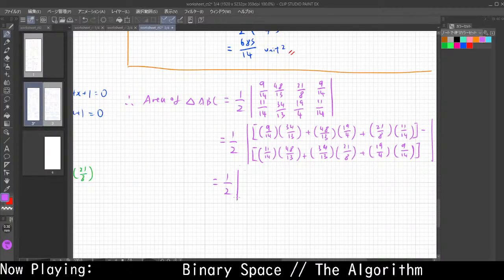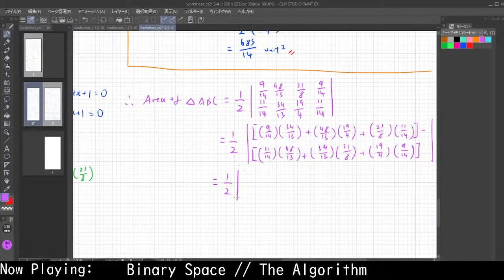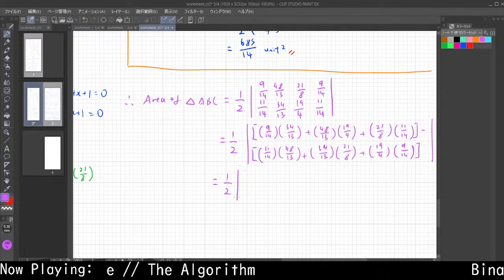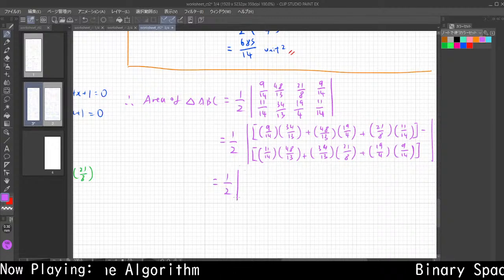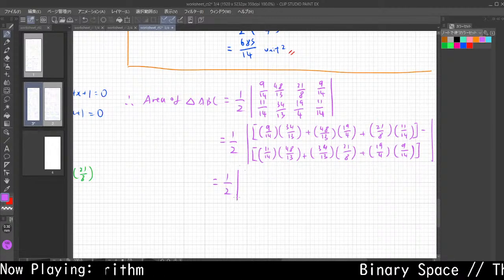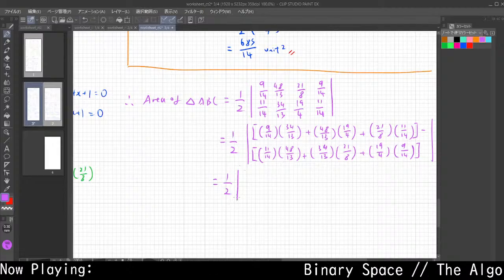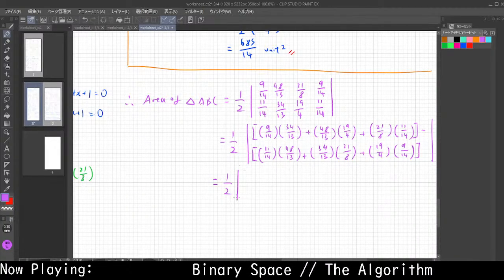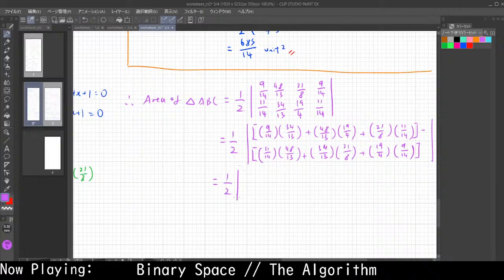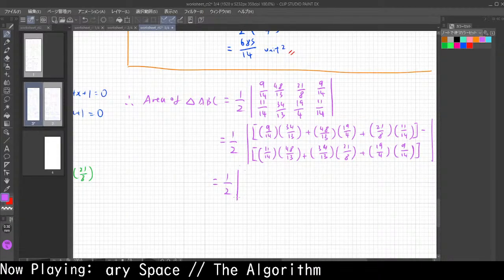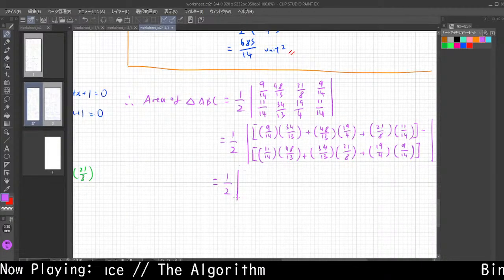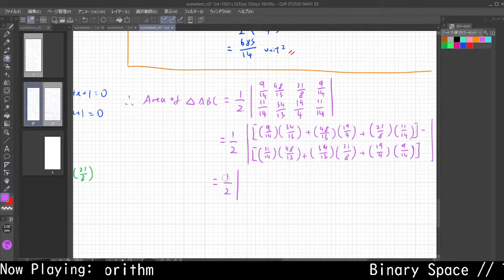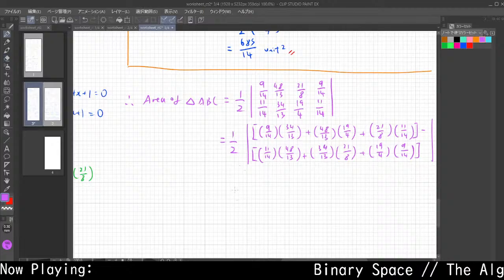Oops, apparently I'm not sure about this. It's not displayable as a fraction. Oh, is this not displayable? Oh, okay.